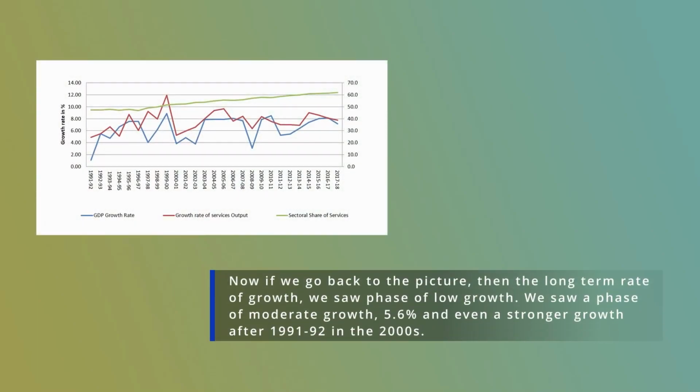Now, if we go back to the picture on the long-term rate of growth, we saw a phase of low growth, a phase of moderate growth, 5.6%, and even stronger growth after 1991-92 in the 2000s. Now, can we link it to the reforms process?